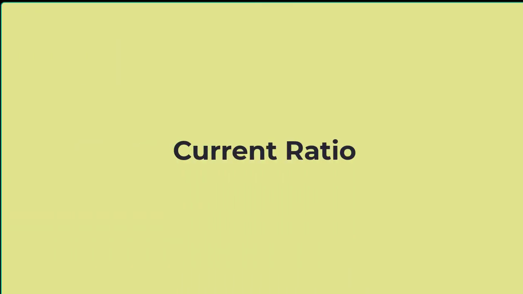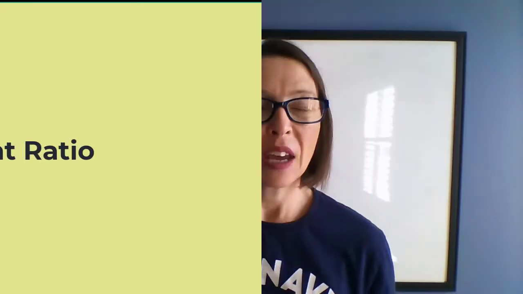All right, so let's get started. We're going to take a few moments to go through some of these short-term solvency or liquidity measures. The first one, the easiest, is the current ratio. That simply is current assets divided by current liabilities.